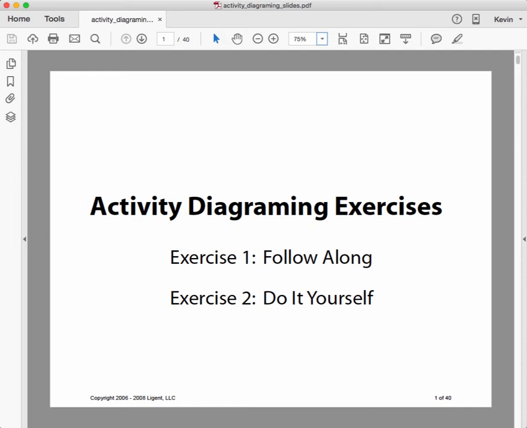You can do the work yourself, and then you can check yourself by playing the rest of the video or looking at the rest of the slides. So there's a follow along part, and then there is the exercise where you could do it yourself.